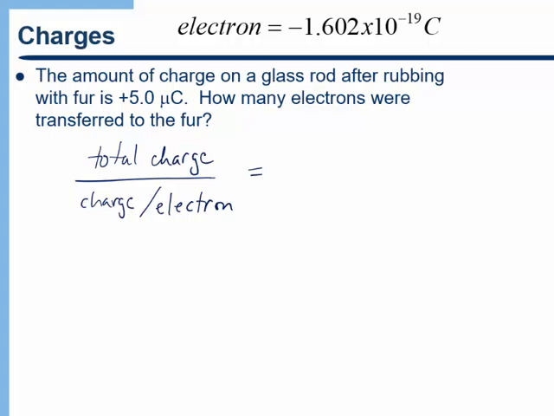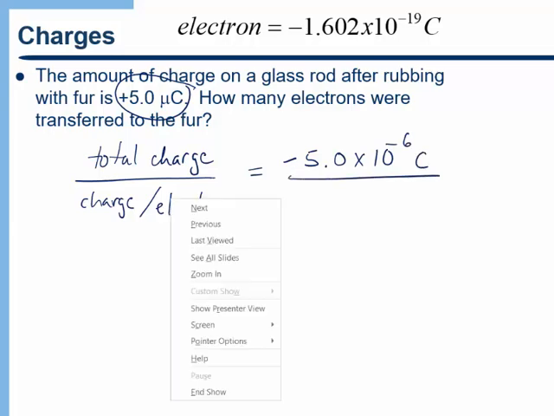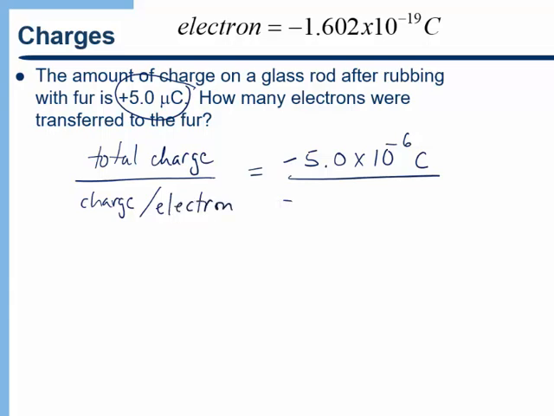So if the glass rod got a charge of plus 5 microcoulombs, we know that the charge on the fur would be negative 5. So negative 5 times 10 to the negative 6th coulombs. We divide that by the charge on one electron, negative 1.6 times 10 to the negative 19th.